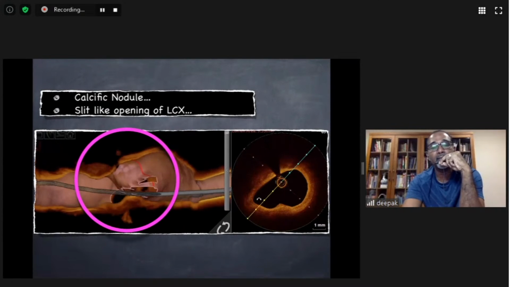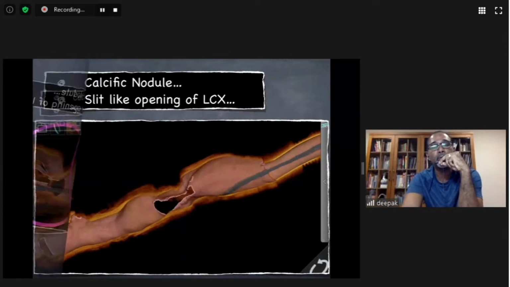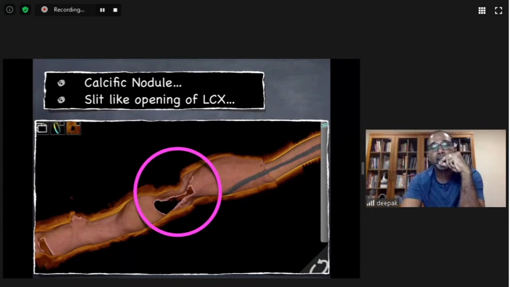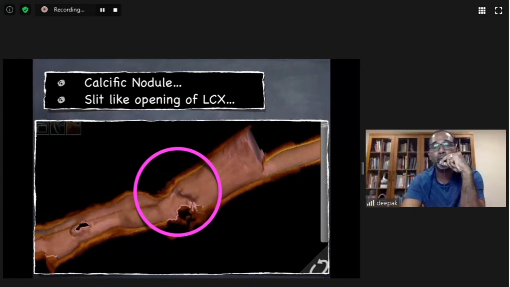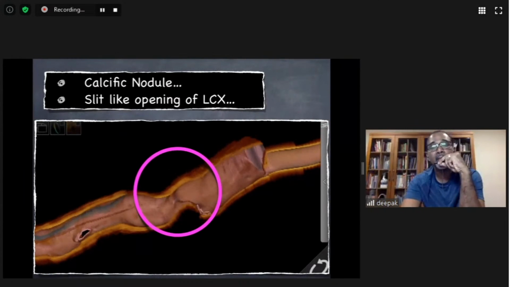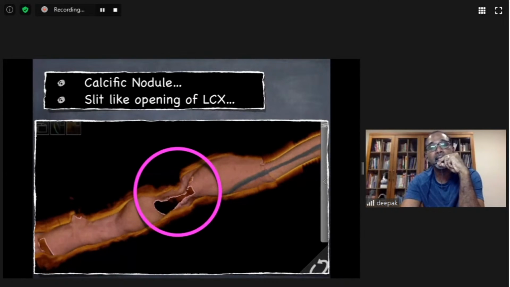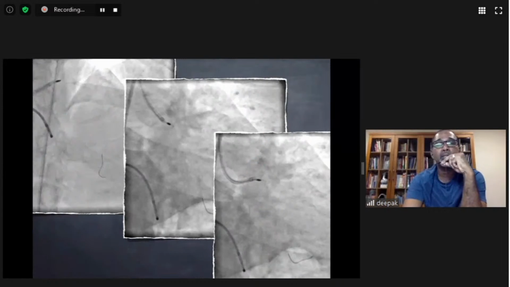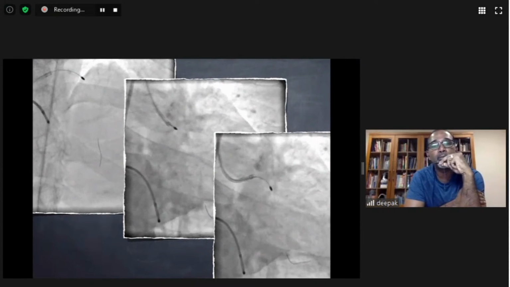There is nothing shelf-like over there, and you are seeing two calcified nodules on either side of the circumflex ostium, which makes us feel that we might not find it very difficult to wire the circumflex artery. So that's a different 3D view of the left main bifurcation, wherein you can clearly see two nodules protruding at the left main bifurcation and compressing the circumflex ostium. So that's the sort of information that you could achieve prior to the procedure when you do the first OCT run.